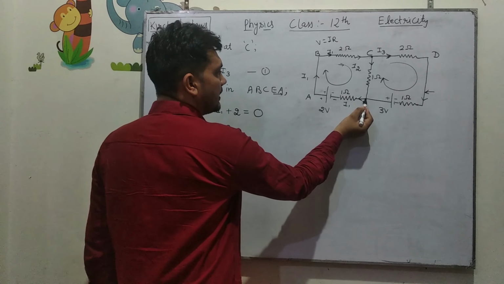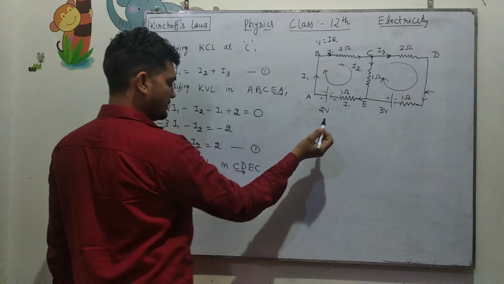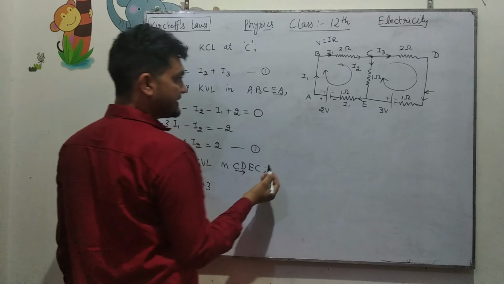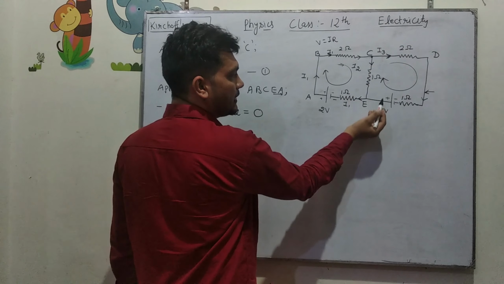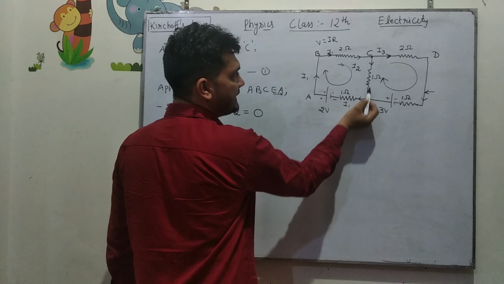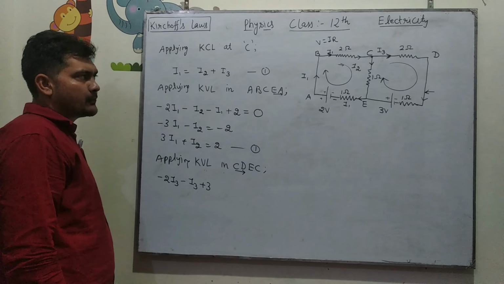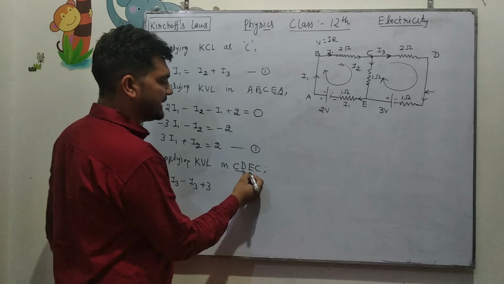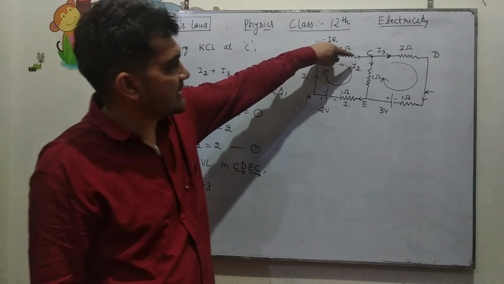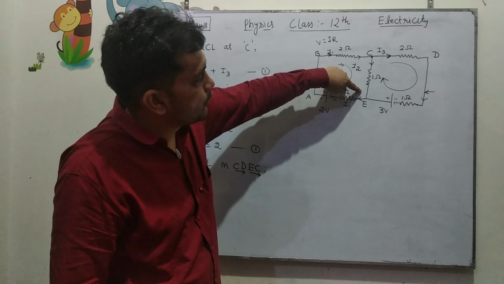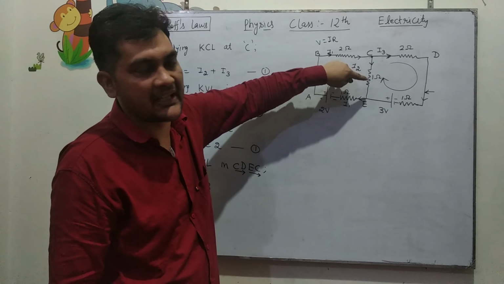Now, you have come back to point C. We started from C. So now we are moving from E to C. The direction of the loop is from E to C, but the direction of current is C to E, meaning we are moving opposite to the direction of current in this branch.